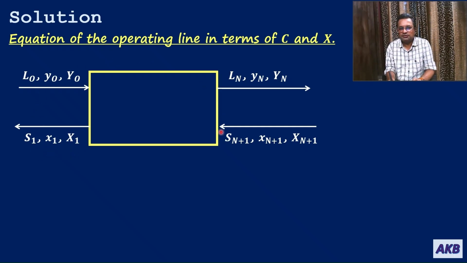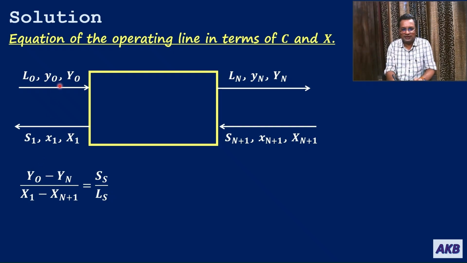So when you have a counter current adsorption operation that is containing capital N number of stages in it, then the equation of the operating line is given in this way: capital Y0 minus capital Yn divided by capital X1 minus capital Xn plus 1, that is equal to Ss upon Ls. So Y0 is weight fraction of solute on solute free basis in the inlet feed.